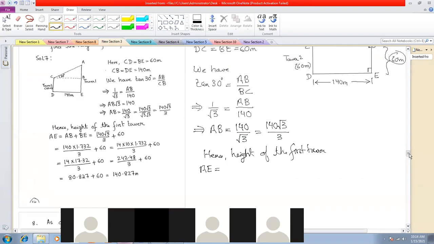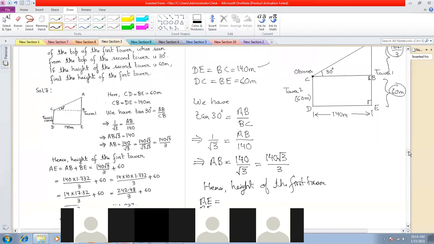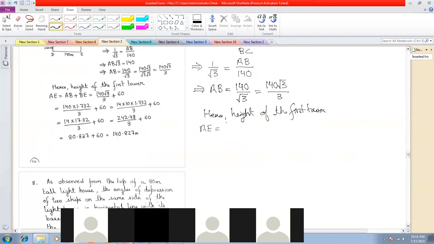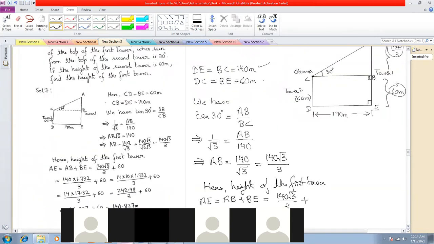If you see in the diagram, AE is equal to AB plus BE. AB is 140 root 3 by 3, and BE you already know to be 60 here.